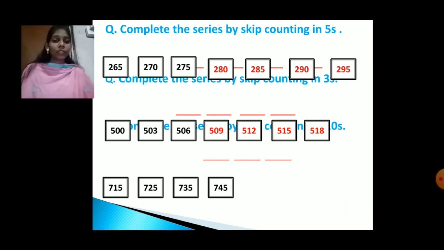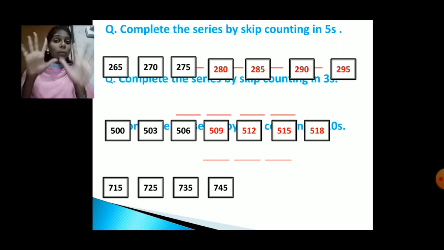How will you find out? After 715 till 725, you count on your fingers. After 715, what will come? 716, 717, 718, 719, 720, 721, 722, 723, 724, 725.